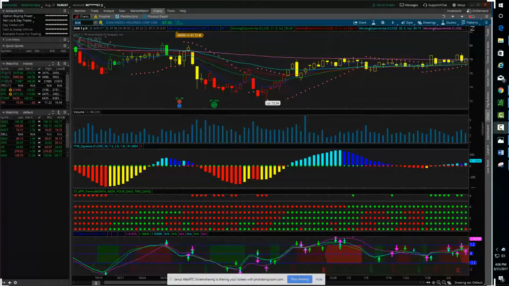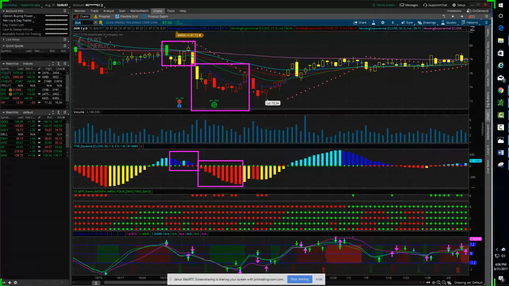We have these red dots, that is the squeeze. When price is in a consolidation mode right here, that's where we want to be entering our position. Right when the dots turn to green, this is the squeeze firing. So as you can see, price went down, boom.